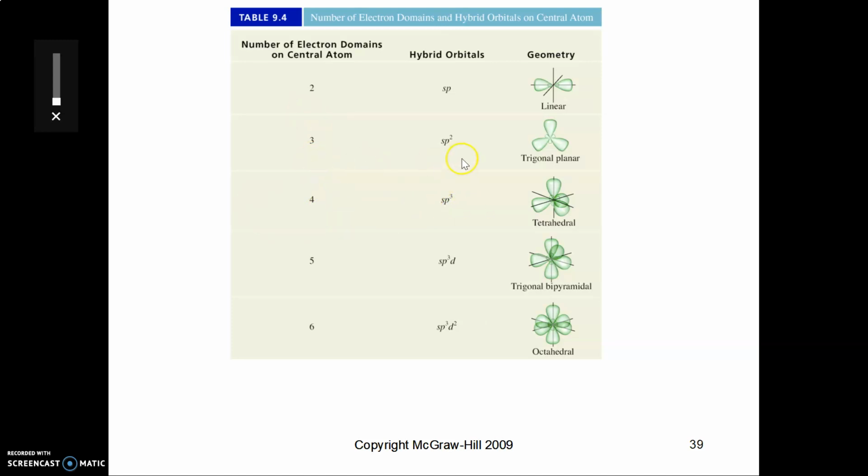If you have 3, you're going to have sp2. And 2, you're just going to have sp. So keep that little trick in mind for homework: 1 more electron domain than the hybridization. Like I said, I'm not concerned with this. You can even do sp3d2, but ignore that, only up to here.